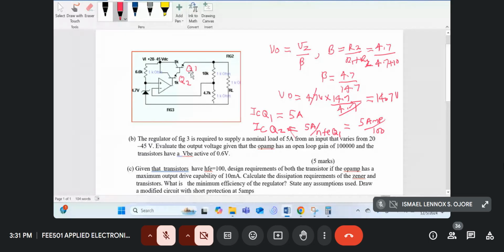But practically, the collector current is actually IL plus the current that passes through this 10K and the current that passes through the 4.7K, although this is normally negligible because 10K plus 4.7K is 14.7K. And if the design voltage is 14.7, that means only 1 milliamp is flowing over here, but we're designing at 5,000 milliamps. So this 1 milliamp is negligible compared to the 5,000 milliamps going to the load. So those are some of the simple assumptions we've made.